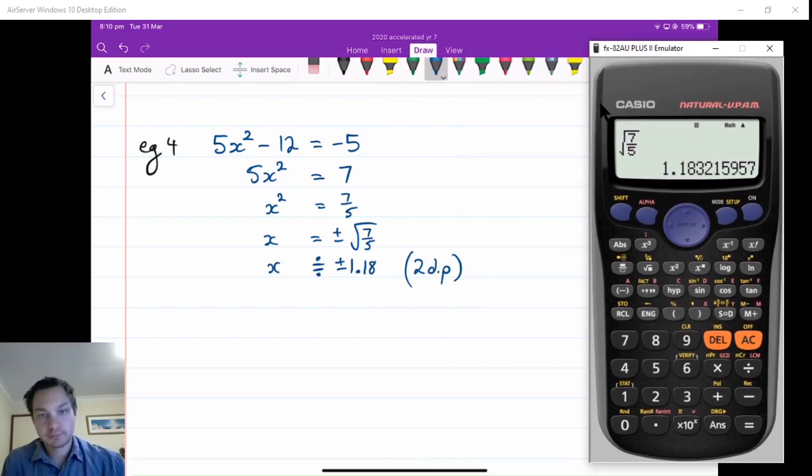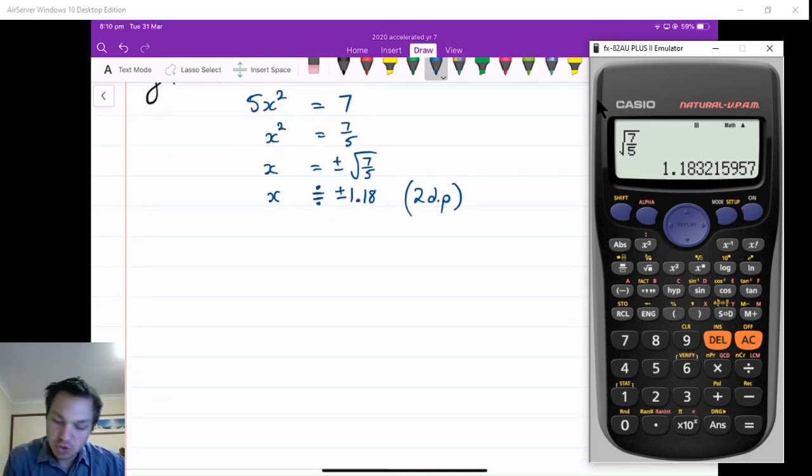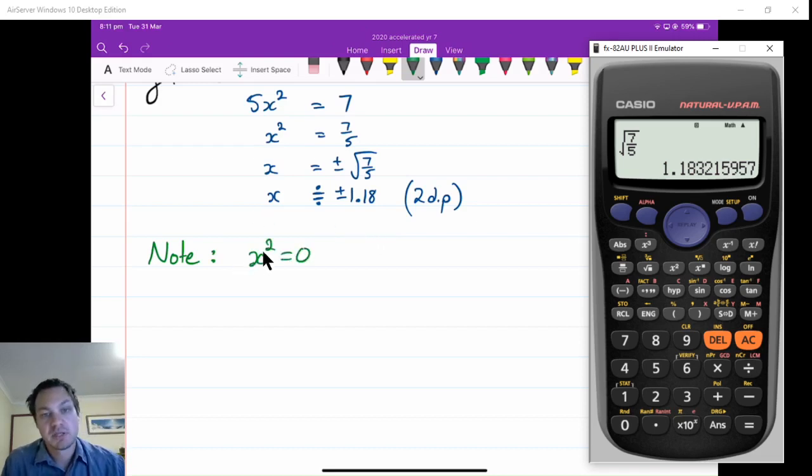Now, I just want you to note that there are some times that do not have 2 solutions. The first one is if I had x squared is equal to 0, there is only one number that squares to give 0.